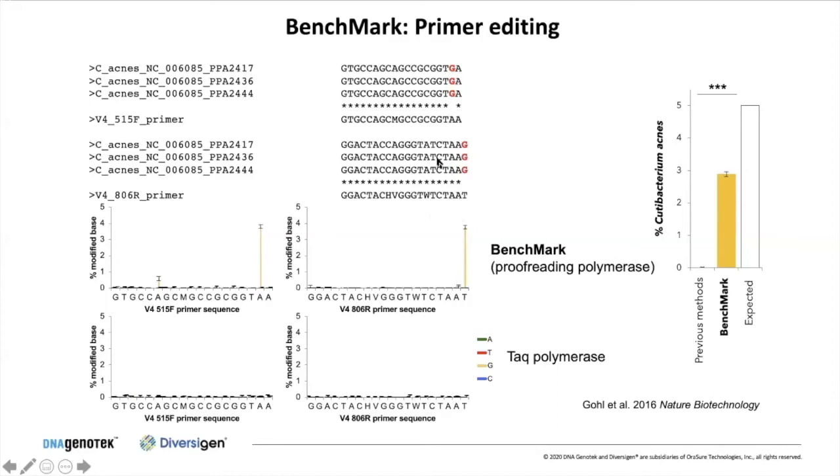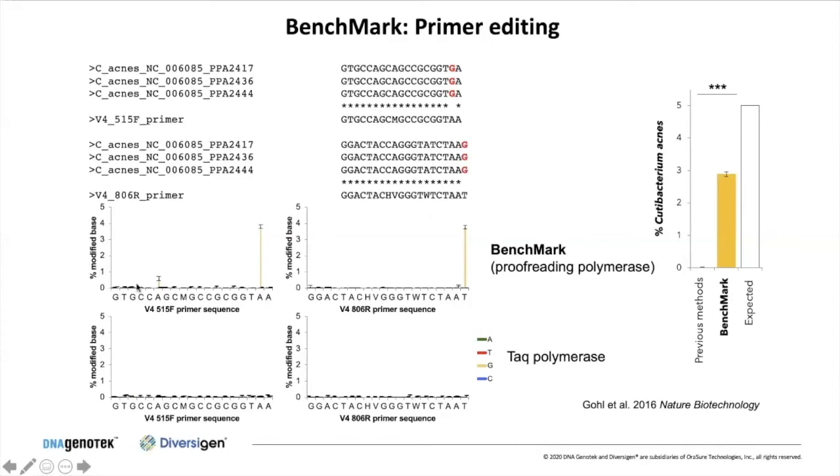And this mismatch basically completely abolishes the ability to amplify this organism typically. And what we found is that by incorporating this proofreading polymerase, we're actually able to get chewback of these primer sequences and correction of the primers to match the template sequence.